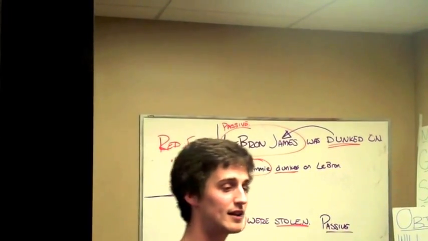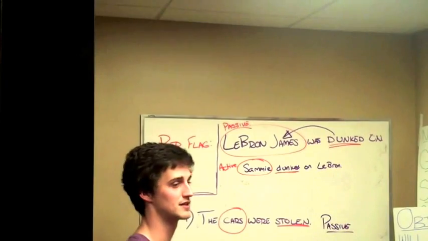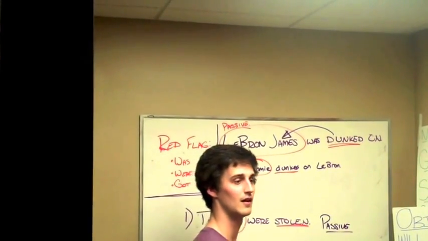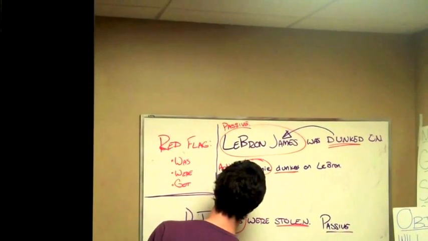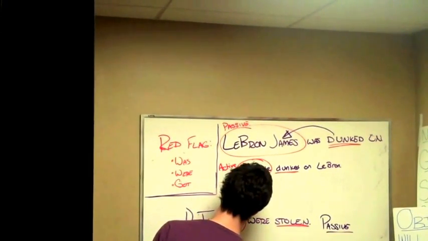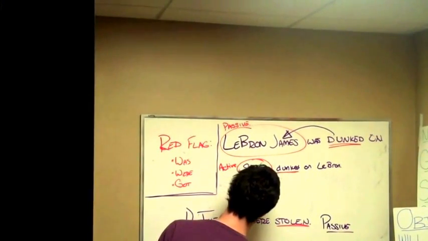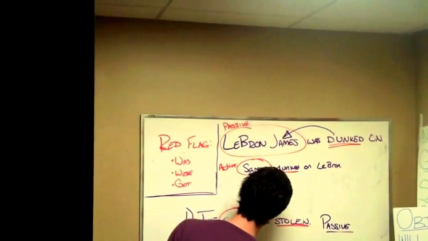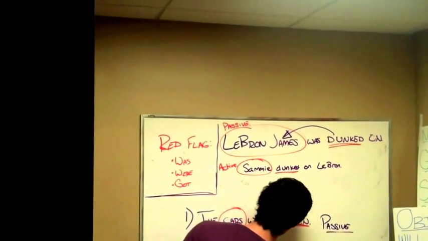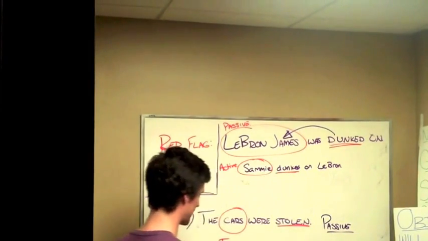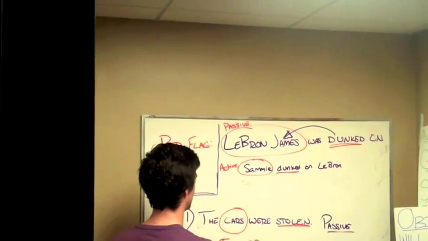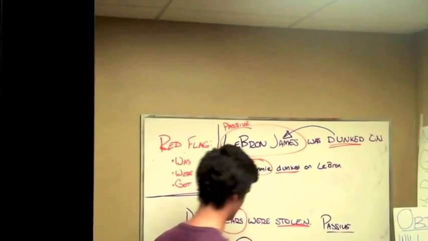Go ahead and write an active sentence right below this sentence. I'm going to write what I would write. I wrote, the thief stole the cars. Our subject, thief, is then doing the action, the stealing.